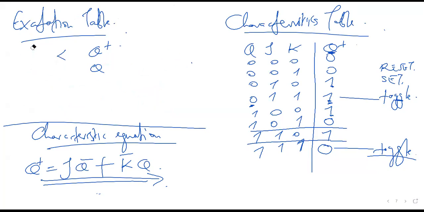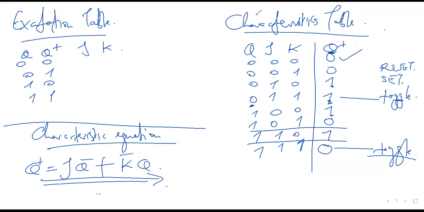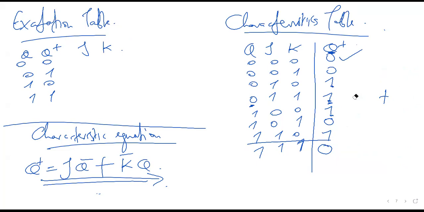What do I need to do to change from one state to another? So if I want to change from state Q to state Q plus, what do I need to do with my inputs J and K? Right. If I want to change from 0 to 0, here I'm changing from 0 to 0. What happens? Anyone who's ahead of my time, please tell me what happens to J and K.